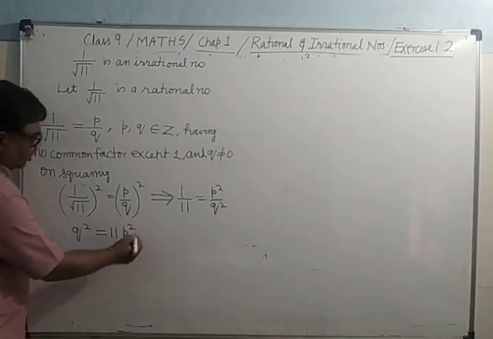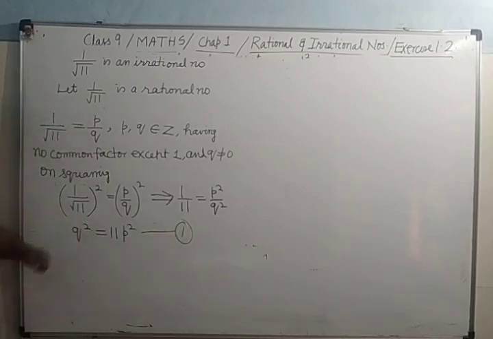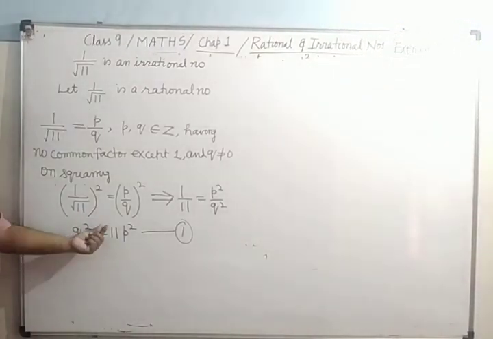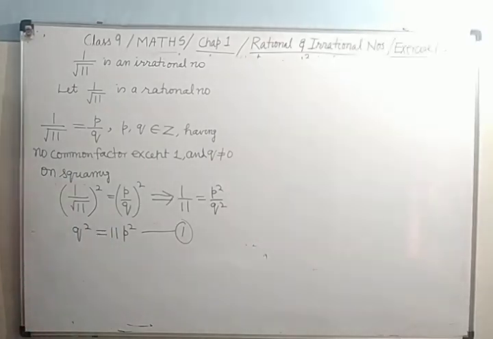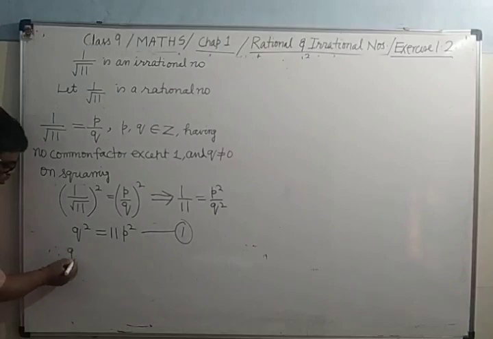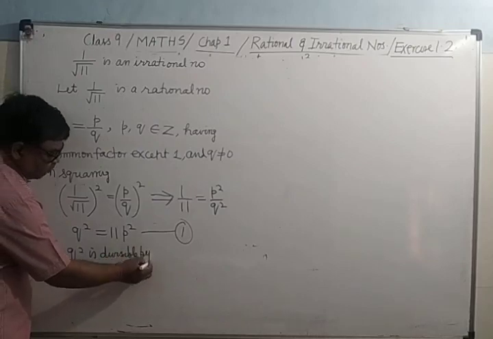Now you can see here, Q square has a factor 11 because Q square is 11 times P square. It's clear. Therefore, Q square is divisible by 11.